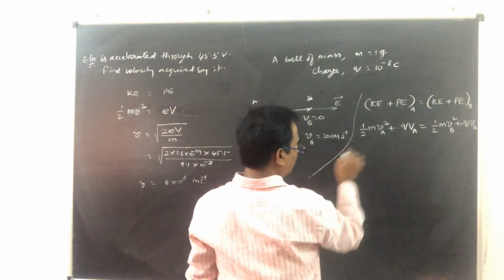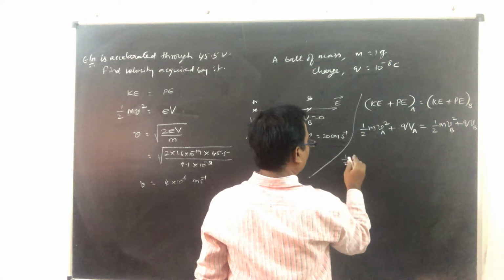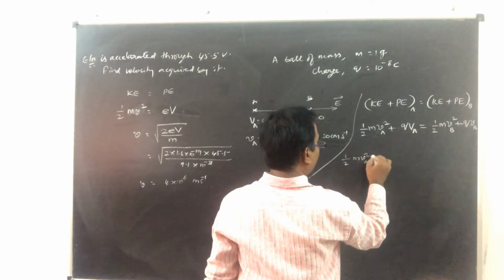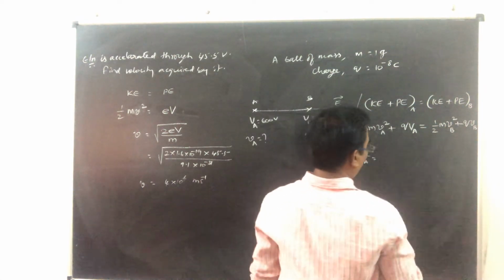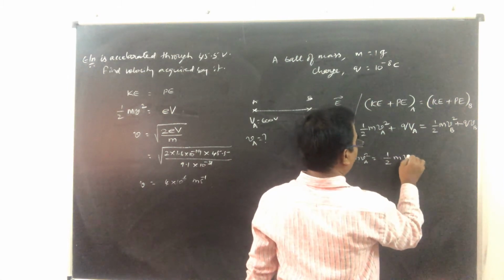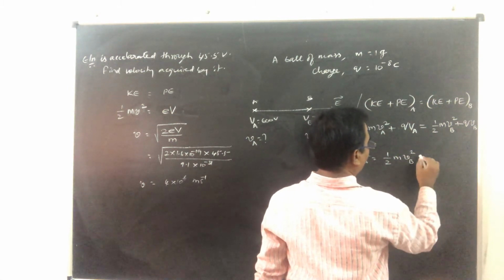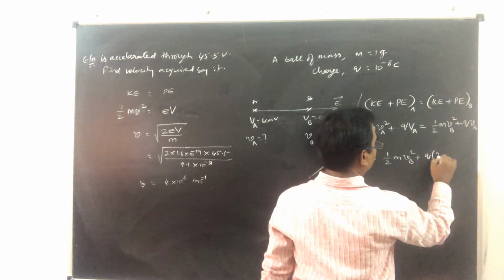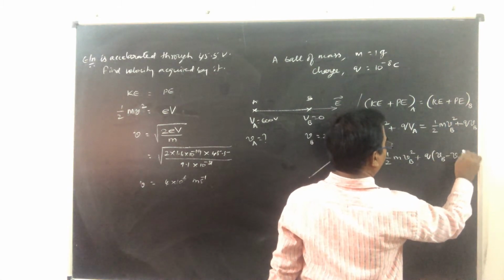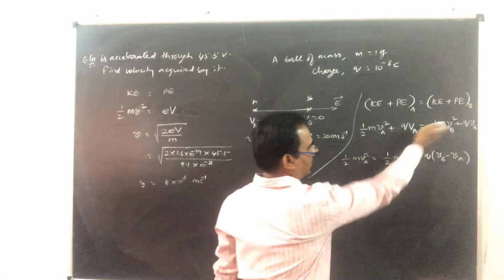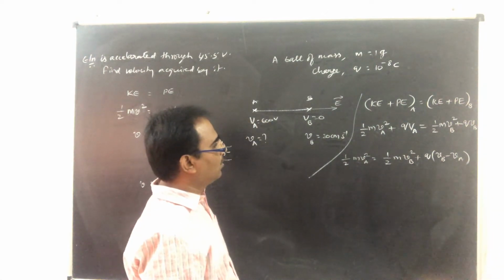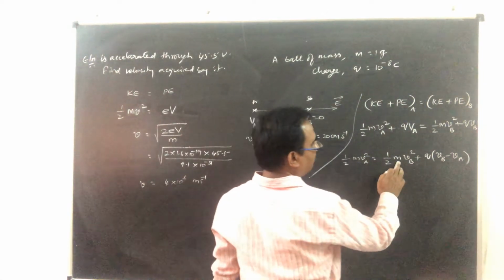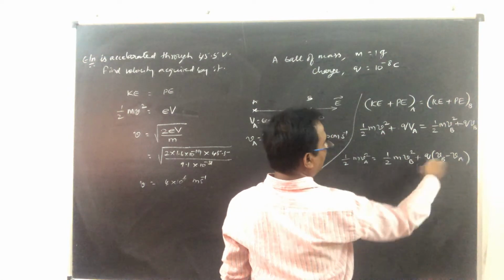So to find this VA, half m VA square is equal to half m VB square plus Q into (VB minus VA). I take this term to the other side. Now you substitute for this m, VB, Q, VA and all.